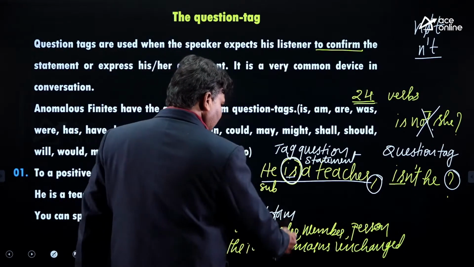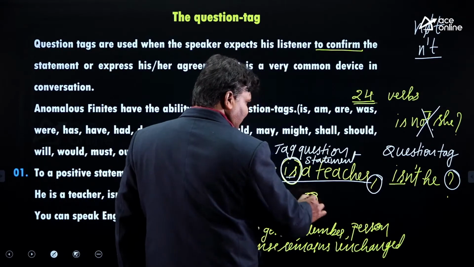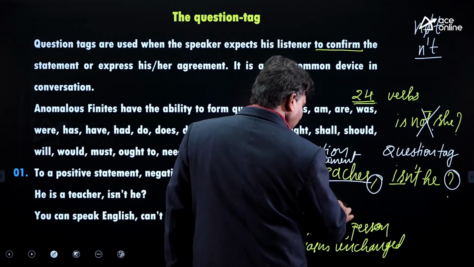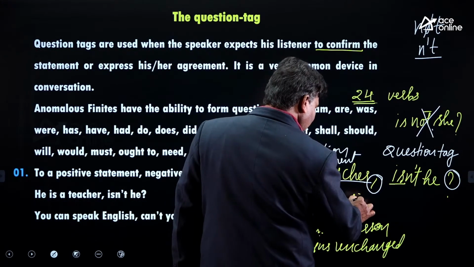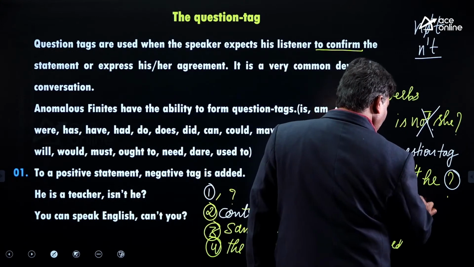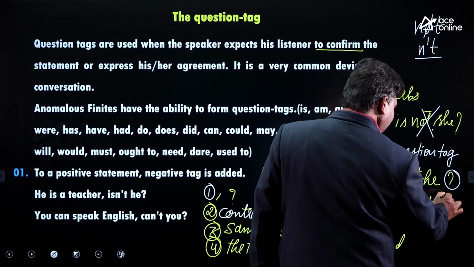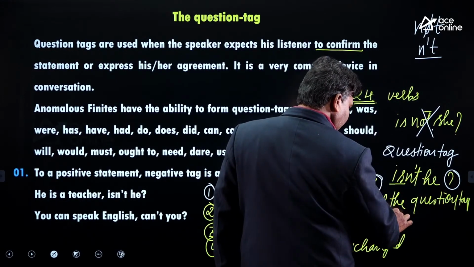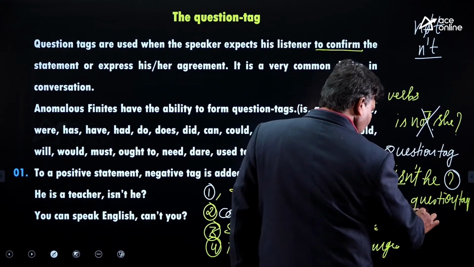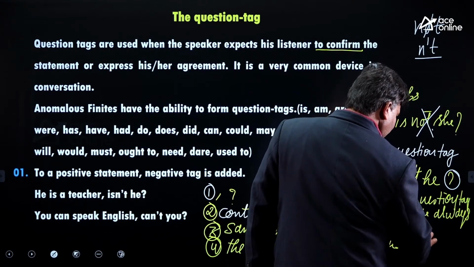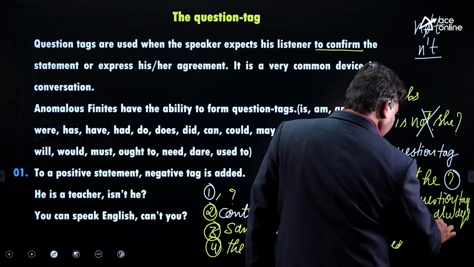And the final fifth rule is that the subject of the question tag should always be a personal pronoun.